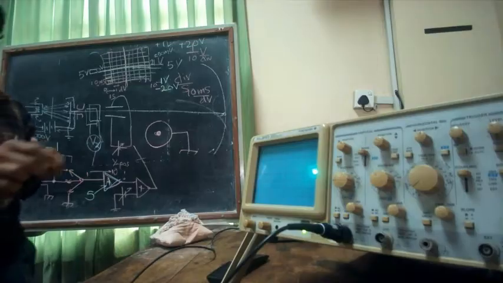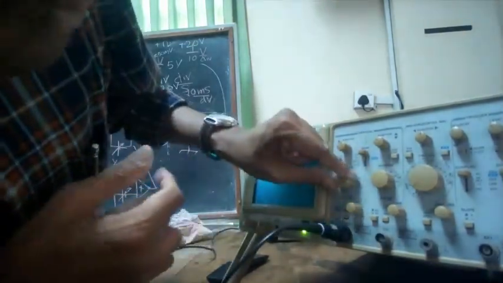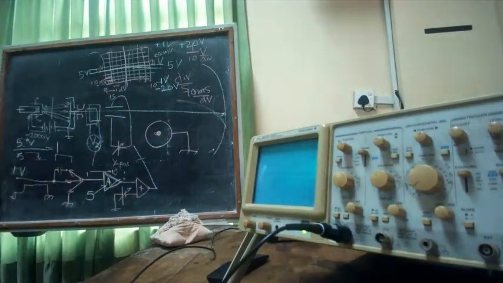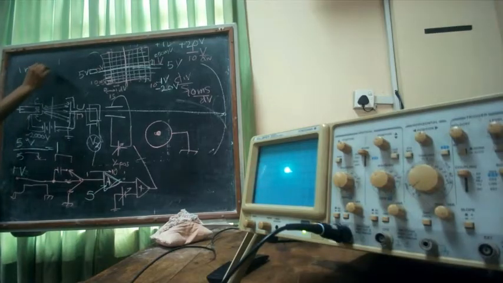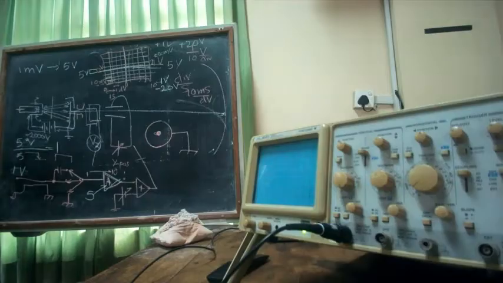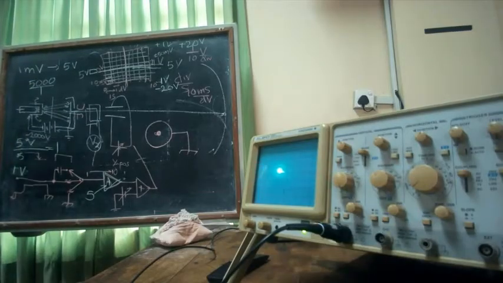So if I change this to the very smallest one, it is 1 millivolts per division. So if I apply 1 millivolt, output will be 5 volts. That is 1 division. So what is the gain now? 5,000 divided by 1. So gain is 5,000. So I have amplified it by 5,000 times.